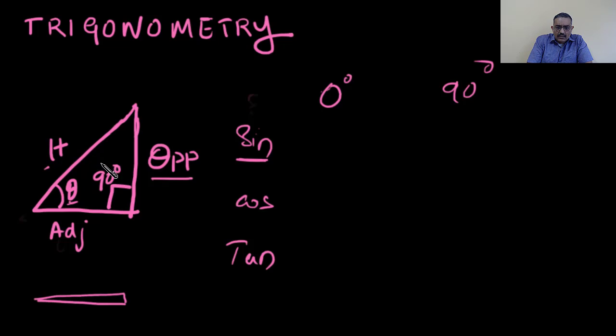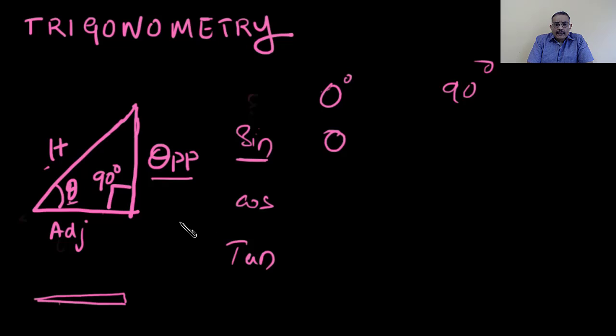So this side would come closer and closer to this side. The opposite side is becoming smaller and smaller, and ultimately at 0 degrees this opposite side does not exist. So it would become 0. So opposite side by hypotenuse is 0 divided by whatever it is, doesn't matter, the value is 0.